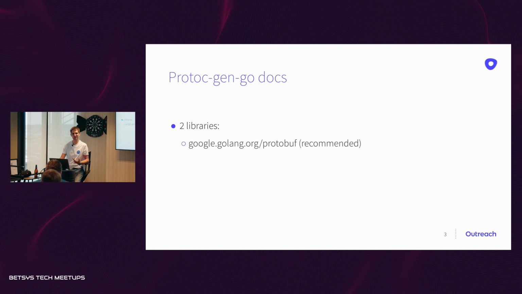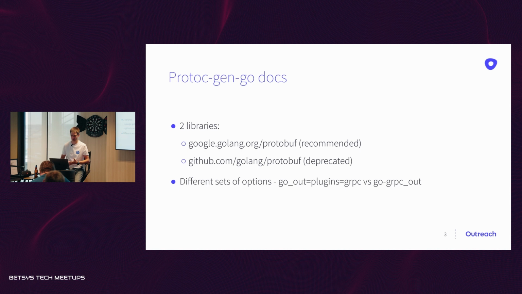It's not one library for Golang. It's two libraries. One is deprecated, one is recommended, but it's somehow mixed in the documentation in some places. These two libraries are not exactly the same in the API. They have different ways of working with them.